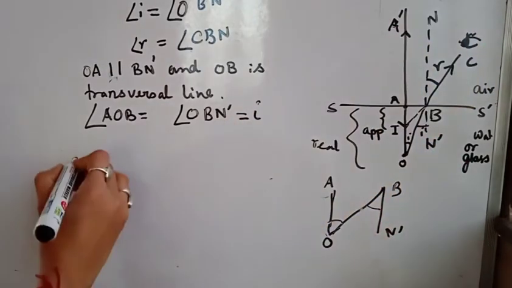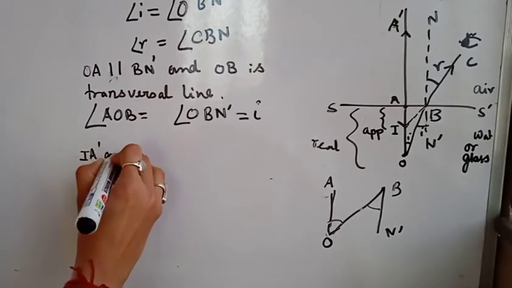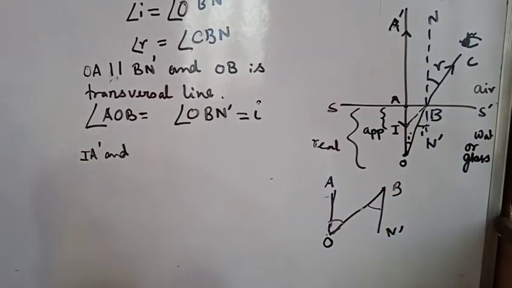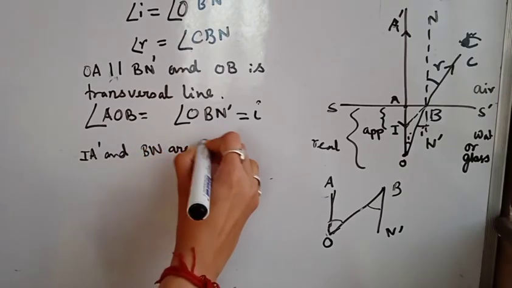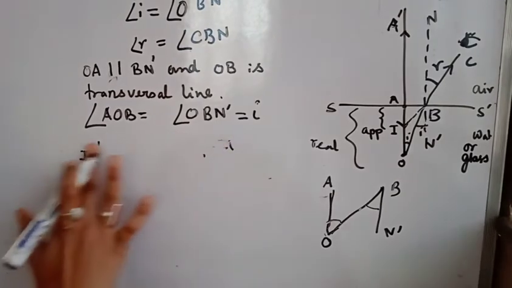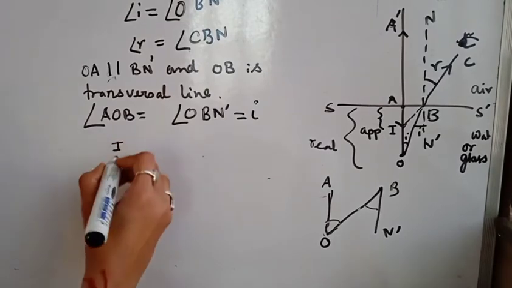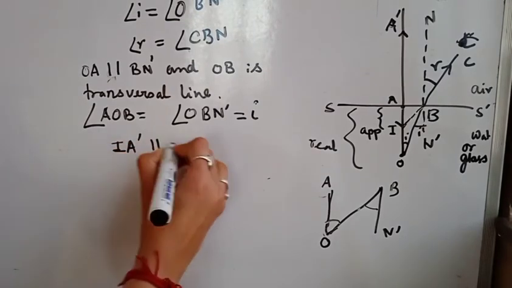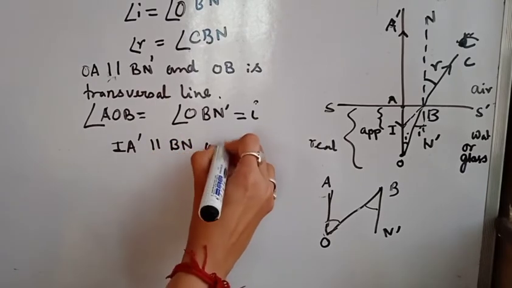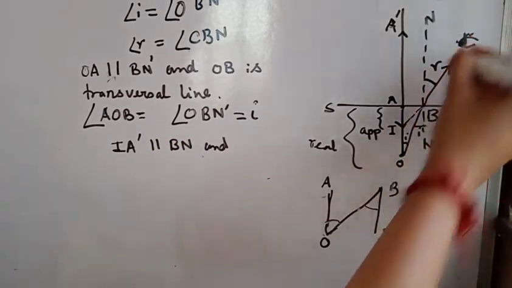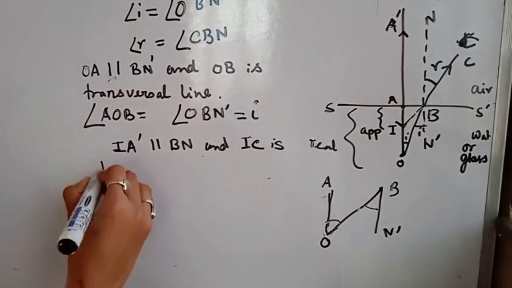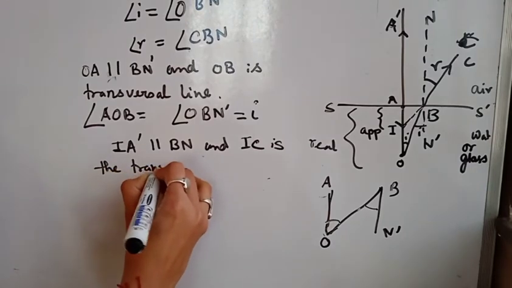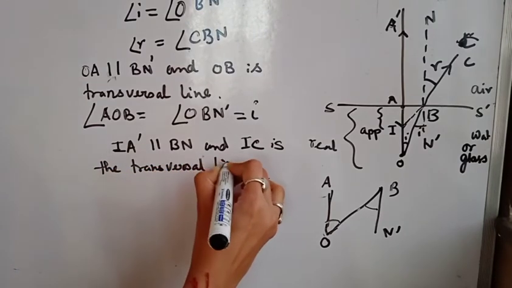So here we can say that IA prime and this line, those are parallel. Okay, so IA prime and BN are parallel. We will write IA prime parallel BN, and here we can see that this line, IC, is the transversal line.